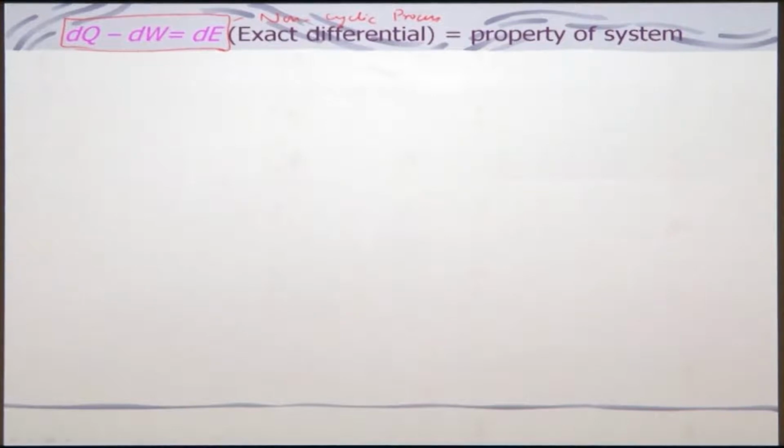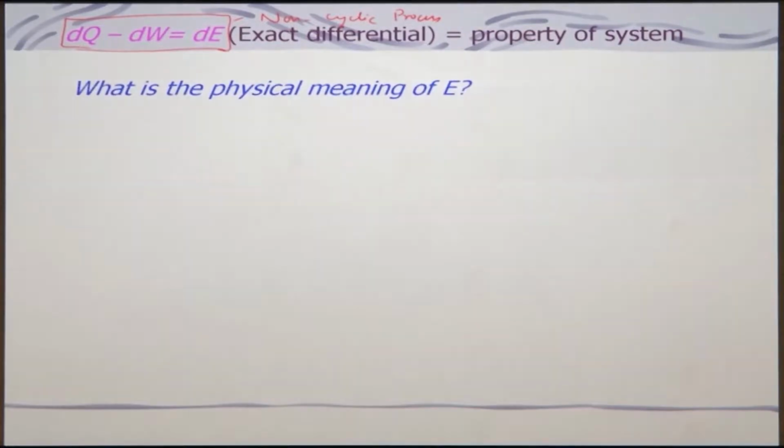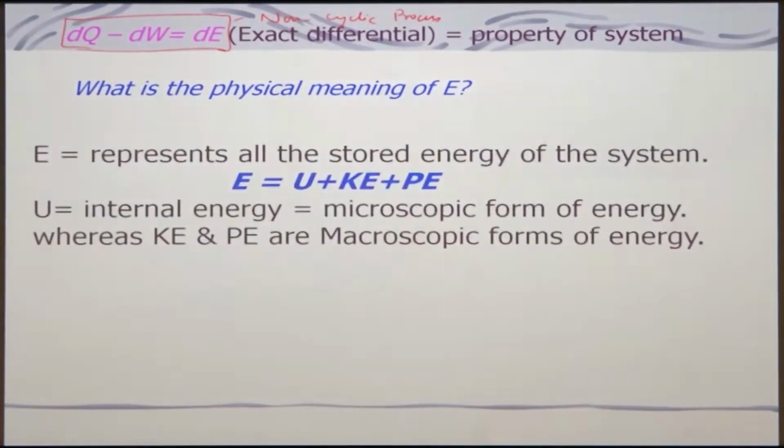This is generally what people say whenever you ask for the first law of thermodynamics: dQ minus dW is equal to dE. What is dE? dE is basically the total energy stored in a system. E consists of internal energy, kinetic energy and potential energy, and this is the microscopic form of energy. We have discussed extensively on that, right. Whereas U is the internal energy, the kinetic energy and potential energy are the macroscopic form of energy.